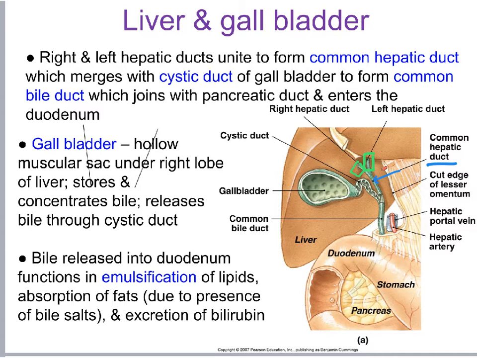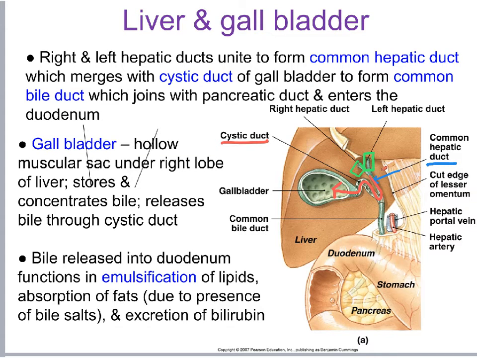And that common hepatic duct collects bile from the left and right hepatic ducts, and it will carry that bile up through the cystic duct, and then that bile gets stored within the gallbladder.